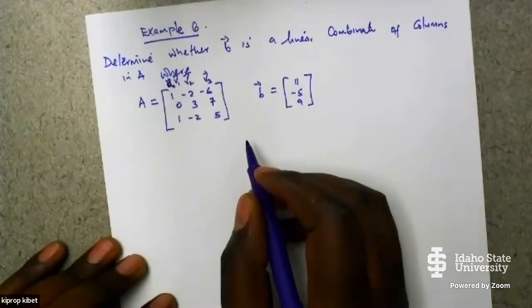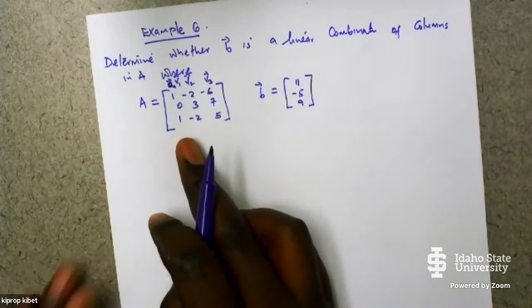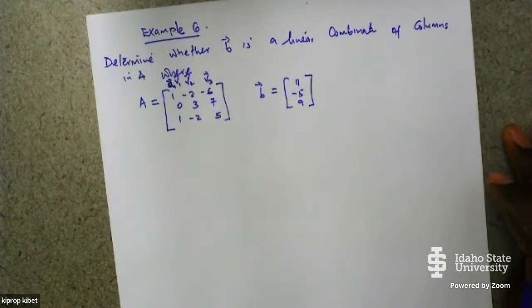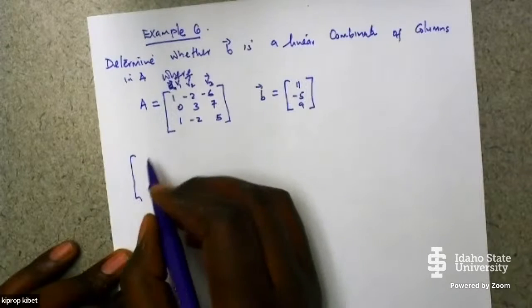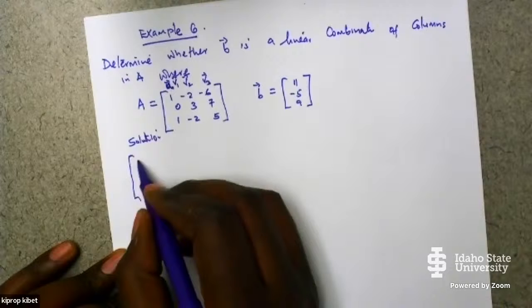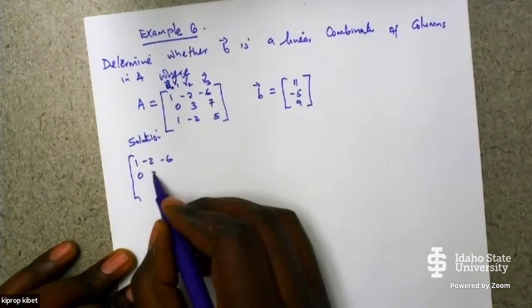Okay, so we need to check whether this B here is a linear combination of the columns in A. In this case, we need to write this in augmented matrix form. So, solution: we write this one in augmented matrix form.